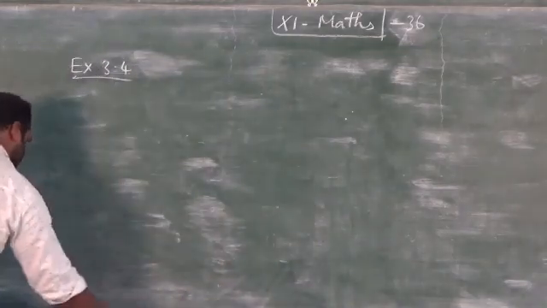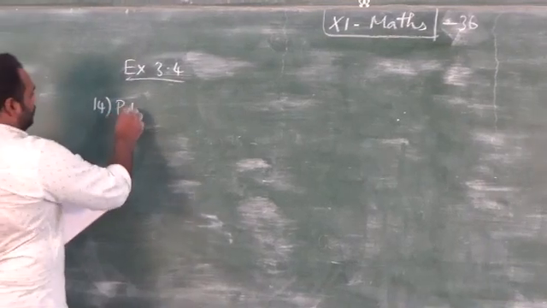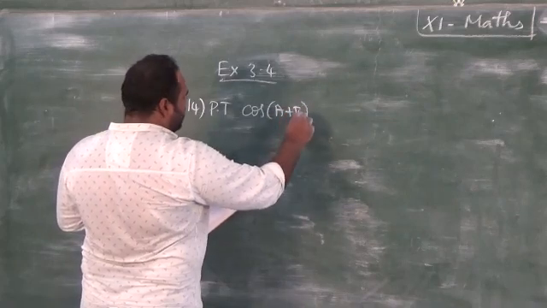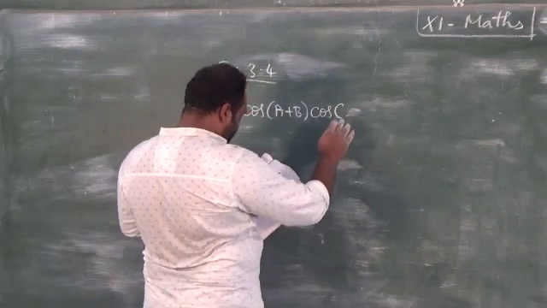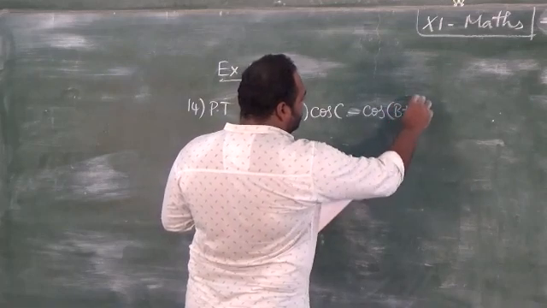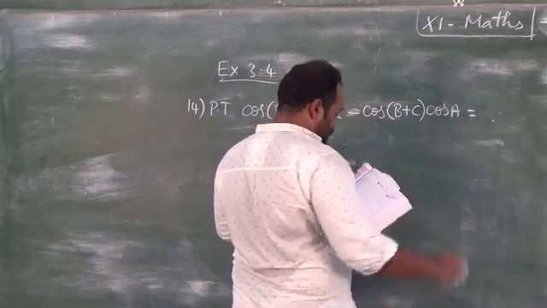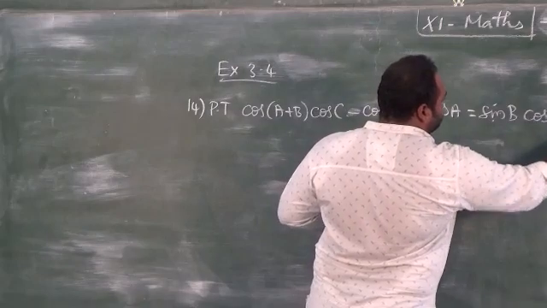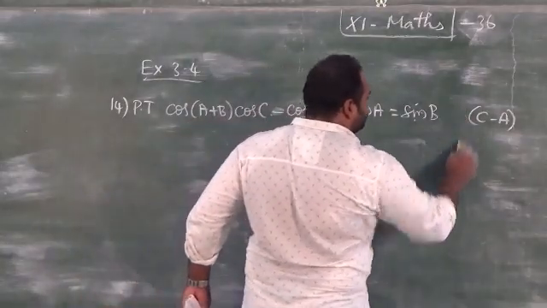Prove that cos (A plus B) cos C minus cos (B plus C) cos A equals sin B cos (C minus A). Sin, not cos, it is sin.